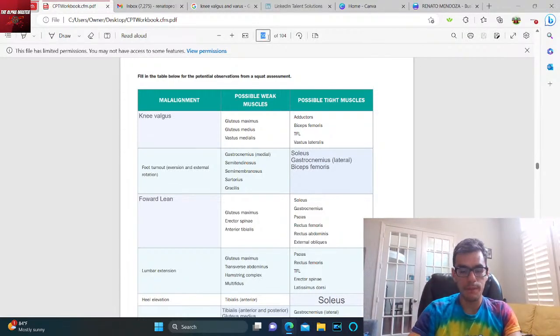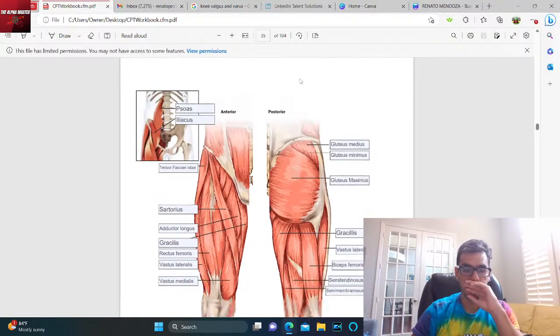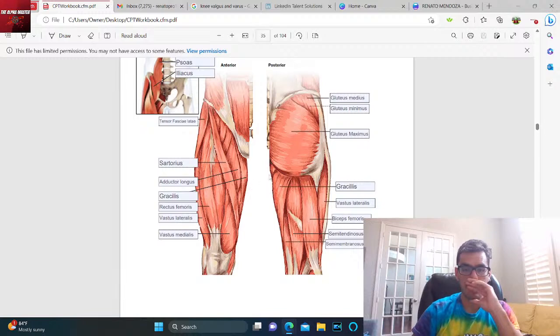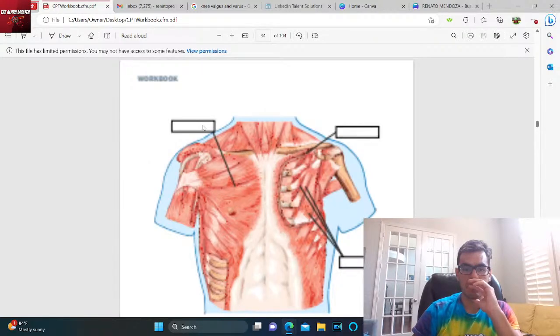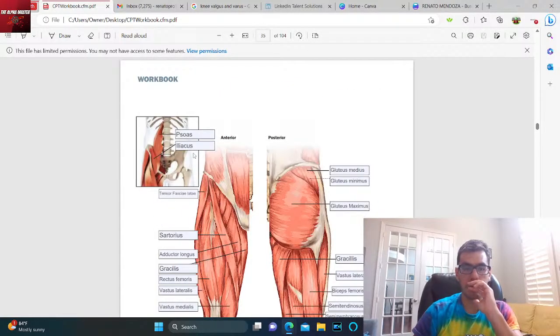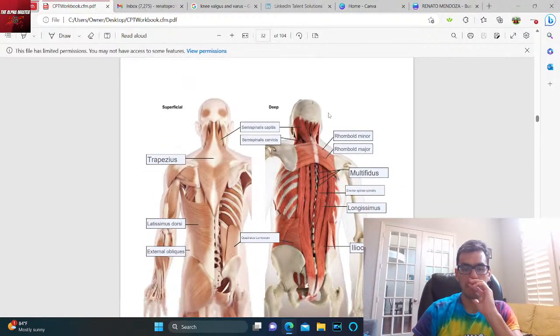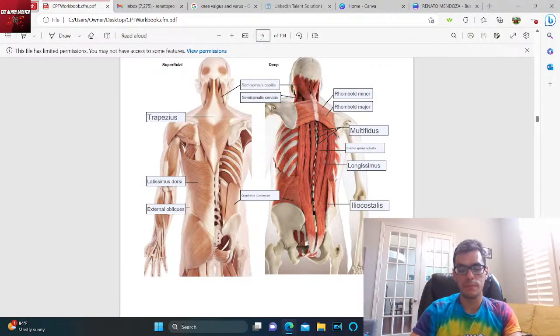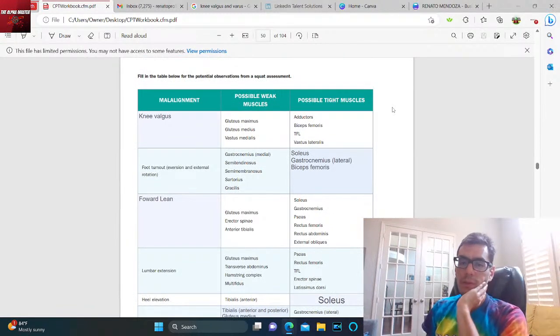I believe those muscles are in here. Let me look. The gracilis. You have in here the semitendinosus, semimembranosus, the gracilis, the sartorius, the adductor longus, the tensor fasciae latae, the hip muscles right here, the psoas and iliacus, the TFL, pectoralis minor, subclavius.